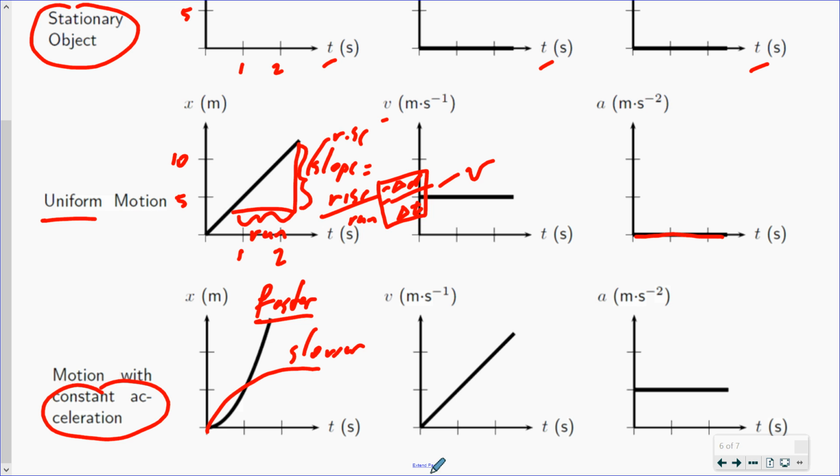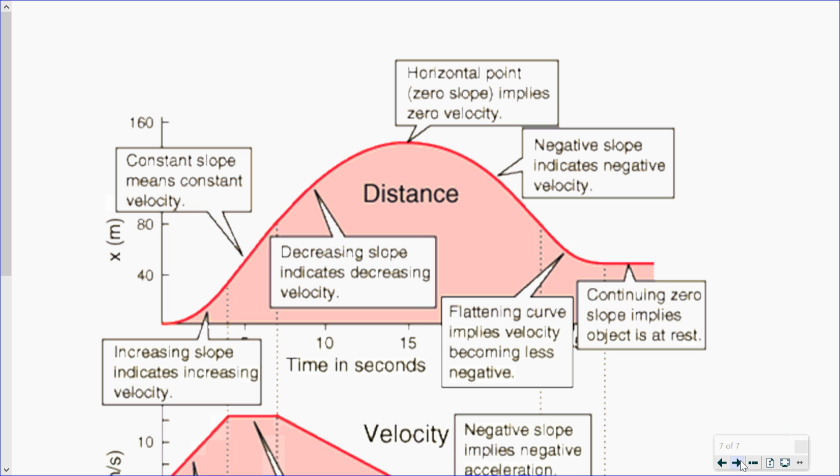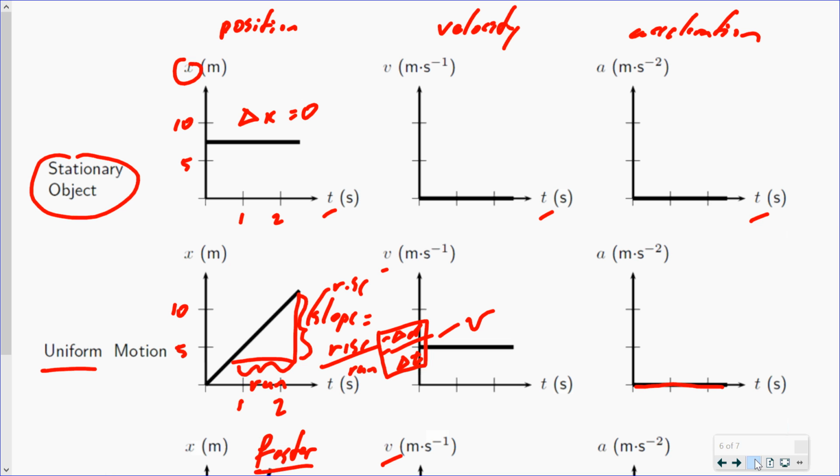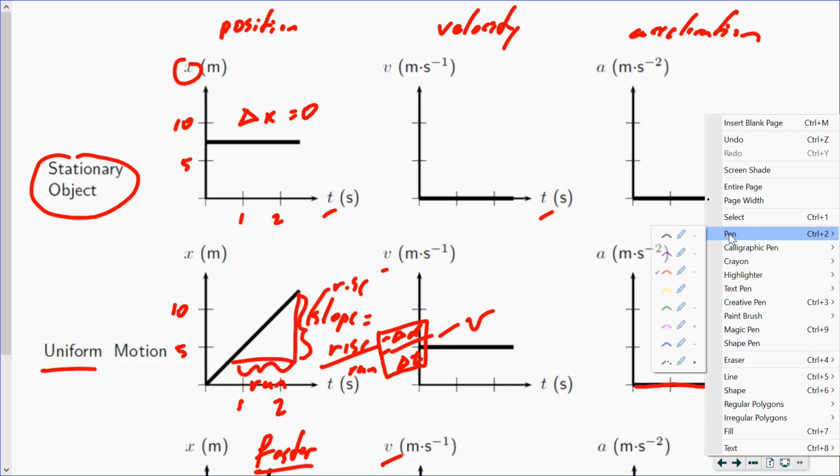If it's going faster and faster all the time, well, its velocity or speed is increasing all the time. If it's increasing all the time, that is acceleration. So up here, we took the slope of the position time graph, and that gave us the velocity.